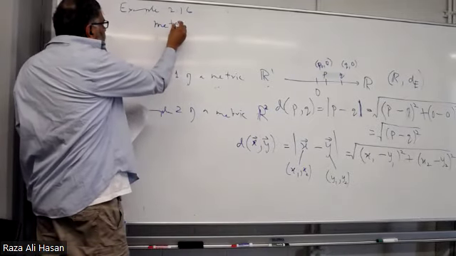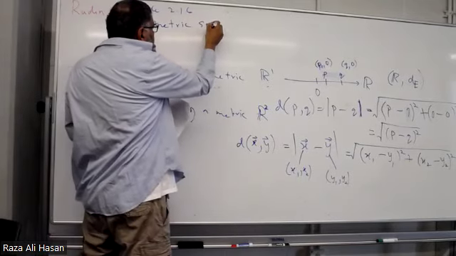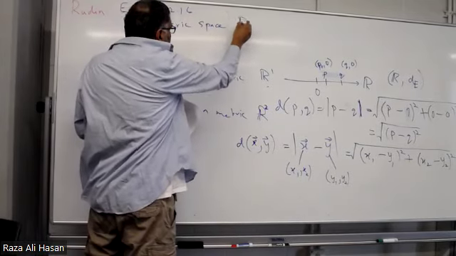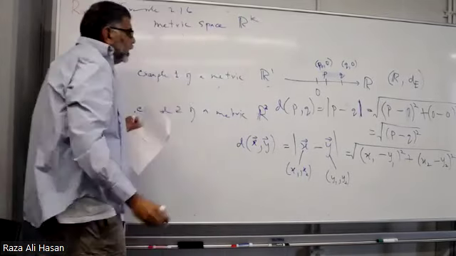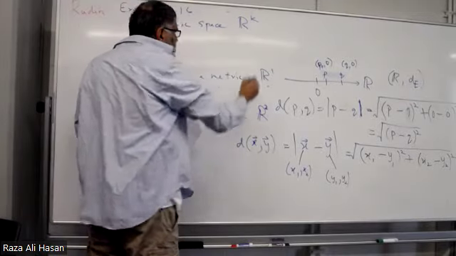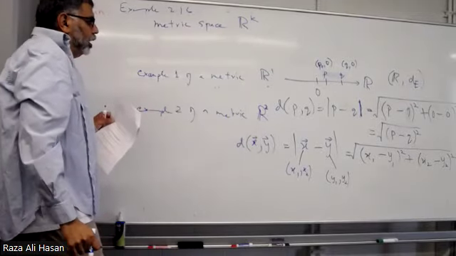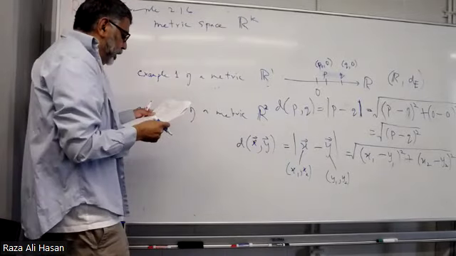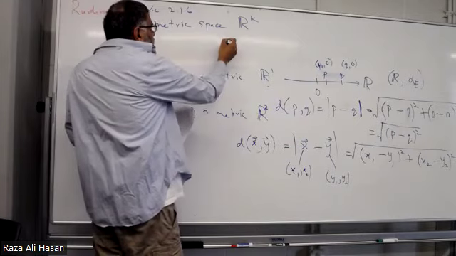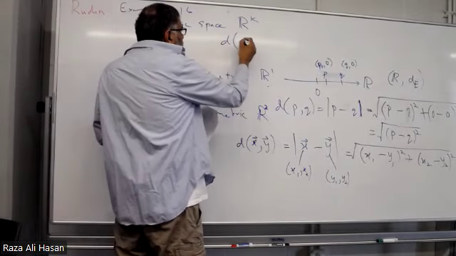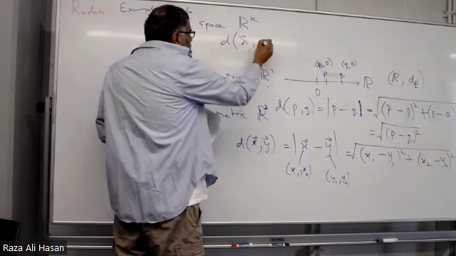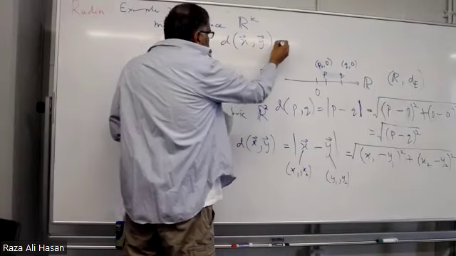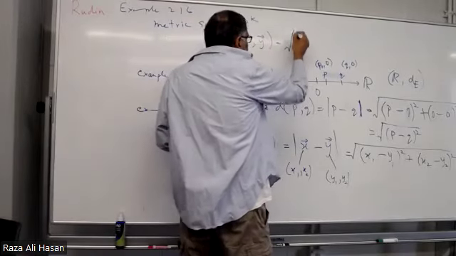All right, let's go with our last example of a metric space. So here is our metric space R^k. So the set is going to be the set of real numbers. And so let's figure out the formula for the distance, the metric itself. So we have D. And here we just do this.